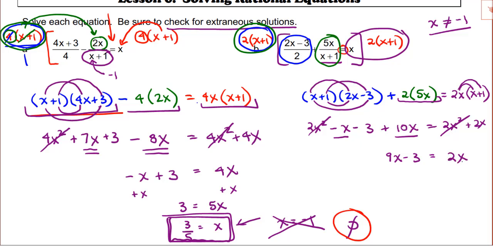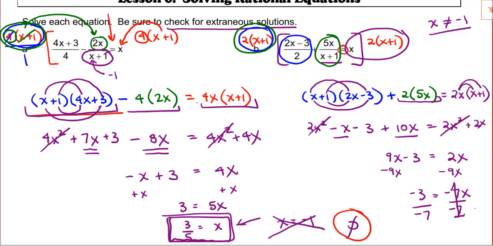So then I'll subtract 9x from both sides. Who's left on the left? Negative 3. Who do we have on the right? Negative 7x. I am going to divide both sides by negative 7, because what's negative 7 over negative 7? 1.